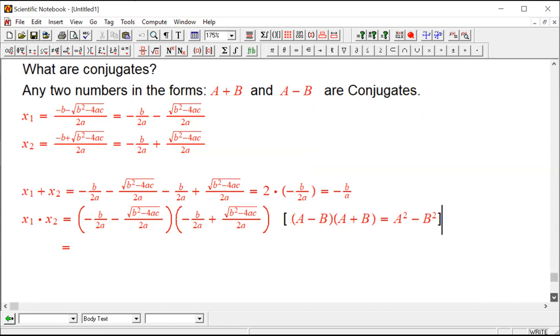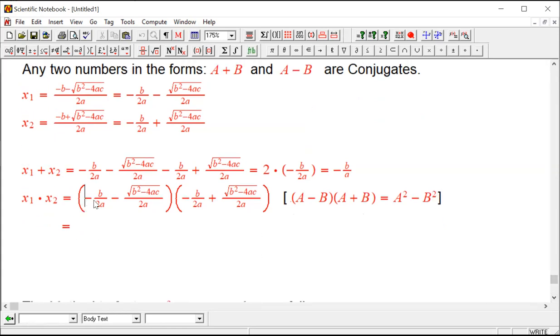Okay, so now we got our a is negative b over 2a, and that is squared, minus b squared. So this is our big B squared. And what do we get?